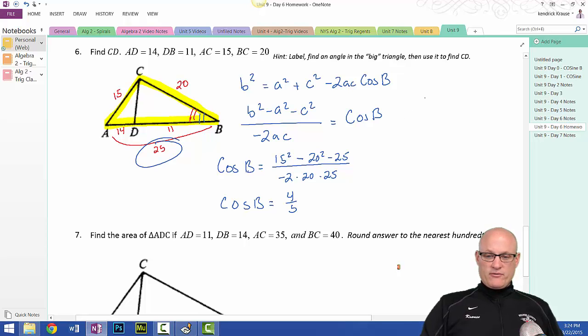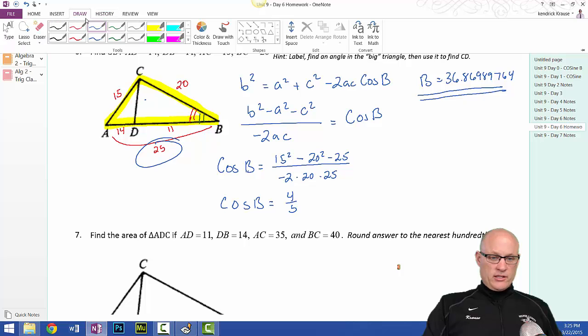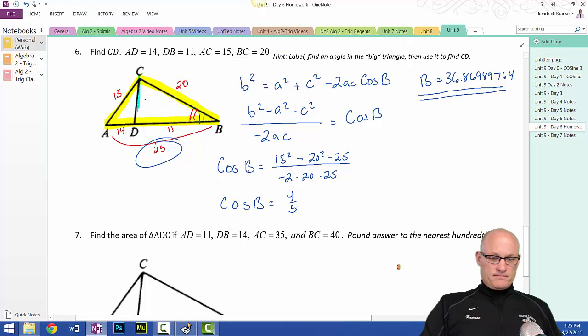So when I do the inverse cosine of that, I get B equal to 36.86989764. Now, I didn't round it because it didn't tell us to round that, because we still need to find this right here. So now I'm going to work in this diagram.